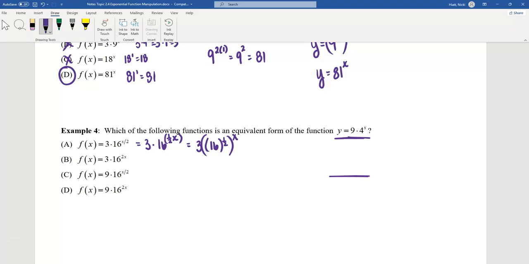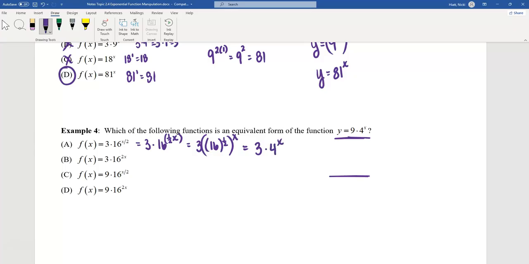Oh, fractional exponents might be something we need to take a minute on. Does anybody know what 16 to the 1/2 power is going to be? It is 4. Because raising something to the 1/2 power, what's that the same as? A square root, right? So this is going to be 3 times 4 to the x power.